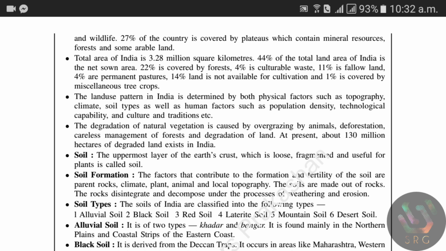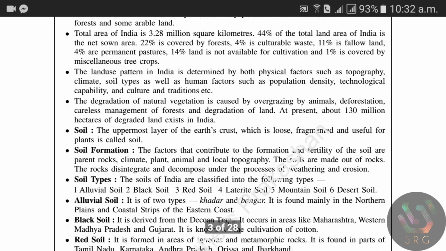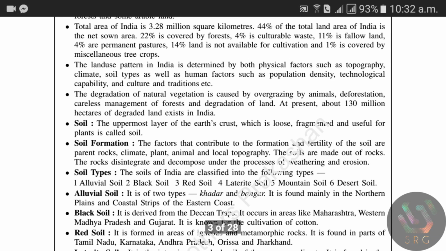The degradation of natural vegetation is caused by overgrazing by animals, deforestation, careless management of forests, and degradation of lands. At present, about 130 million hectares of degraded land exists in India.